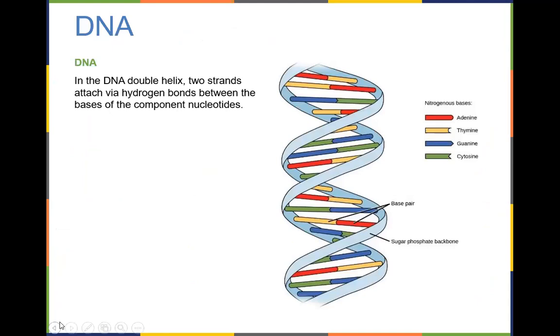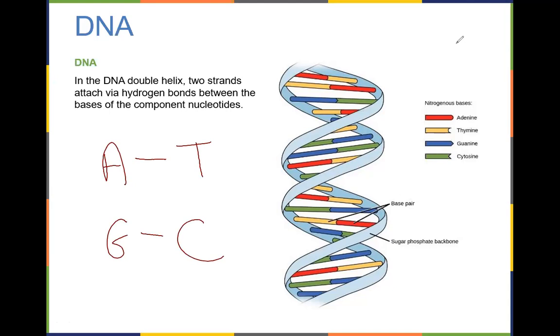Now, if adenine is represented by the red bar, that is the nitrogenous base adenine, it will always pair to thymine. Anything else is a mistake. Now, do mistakes happen? Oh yeah, mistakes happen all the time in our DNA. But adenine will always pair to thymine. Guanine always pairs to cytosine.